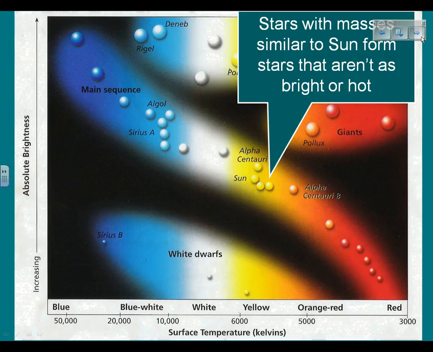They're right in the middle. They're not real hot, but they're not real cold. How bright are they? Not real bright, but they're not dim. But the trade-off to that being what? They live longer.